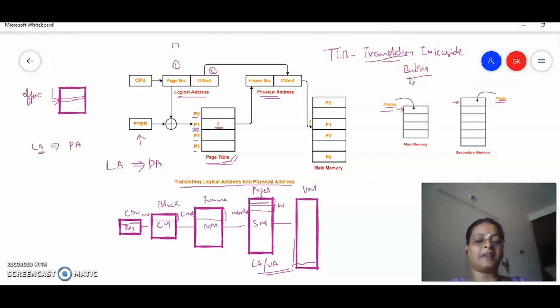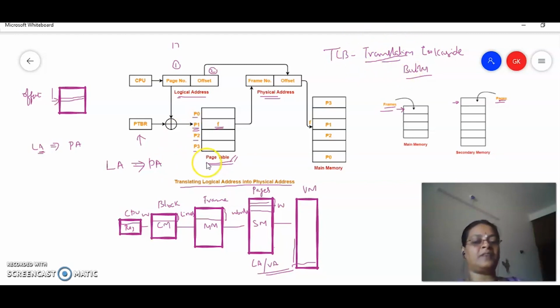The CPU will first look into this TLB, the translation look-aside buffer. If it is available, it will fetch that information from the respective physical address. If it is not available, it will do the mapping, and in case the same information is referred to in future, to make it easy, we will update the translated address in the translation look-aside buffer.